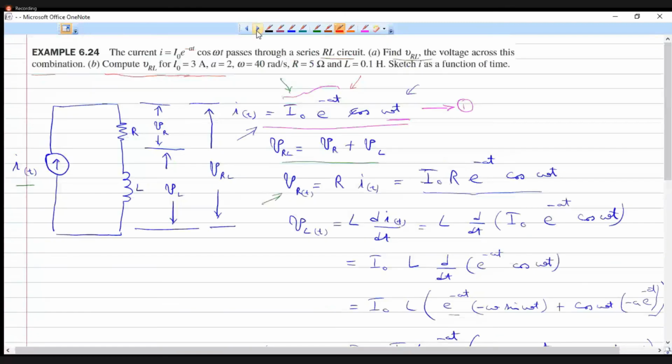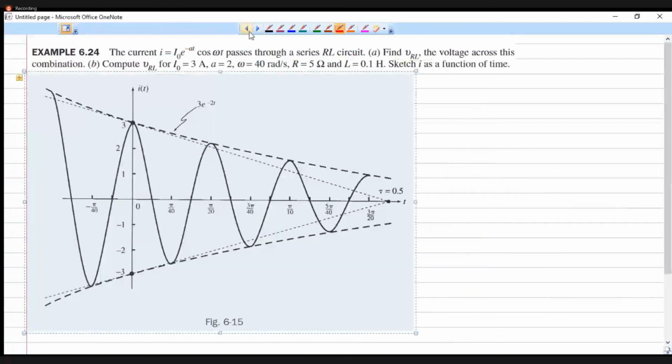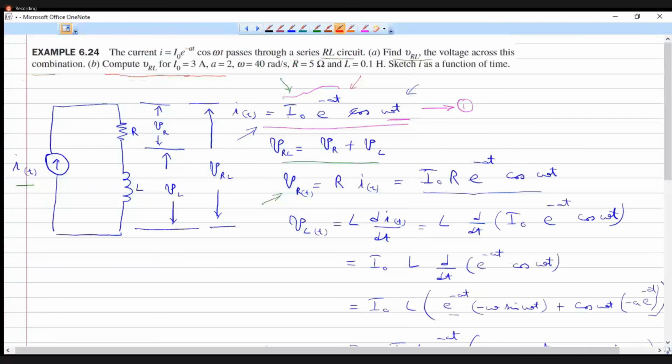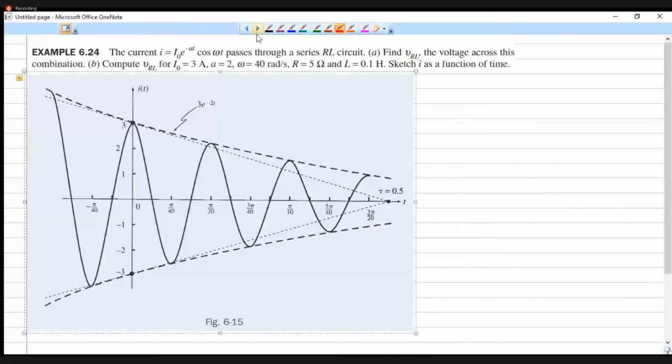And for the sketching part, they are asking to sketch this function, I naught e power minus At into cos omega t, right?